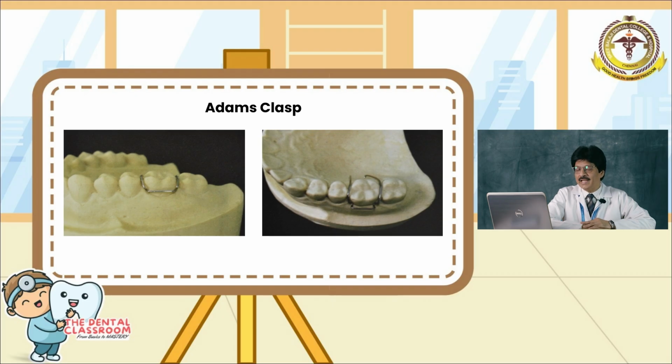It takes its retention from the mesiobuccal and the distobuccal undercuts. And then the wire moves over the occlusal embrasures and ends as retentive tags in the acrylic. There is a bridge for this Adams clasp, which is supposedly 45 degrees to the buccal surface of the molar.